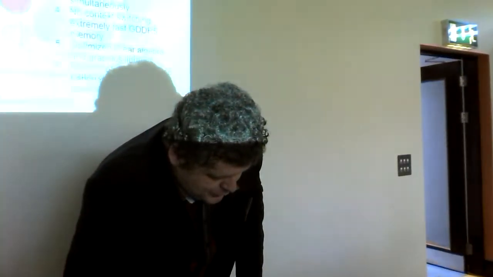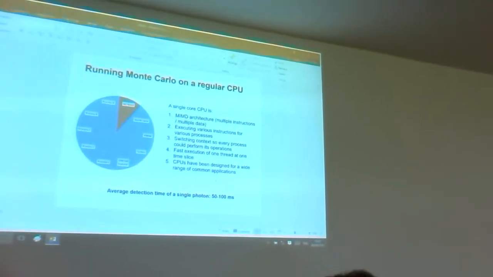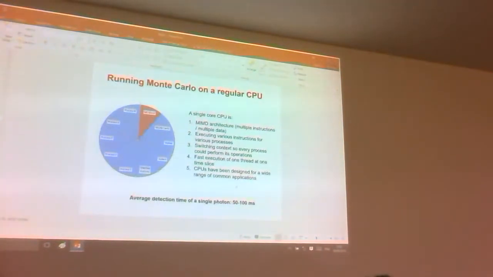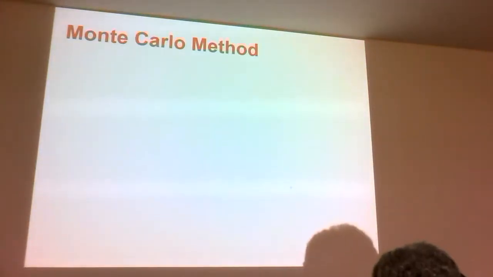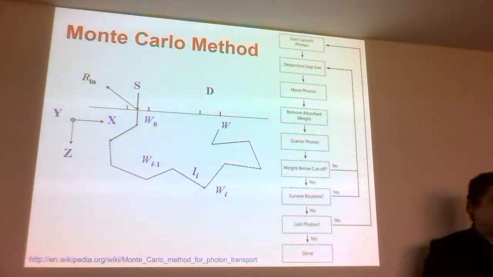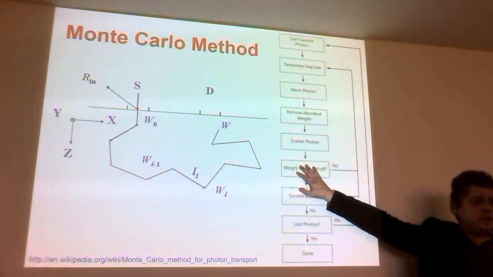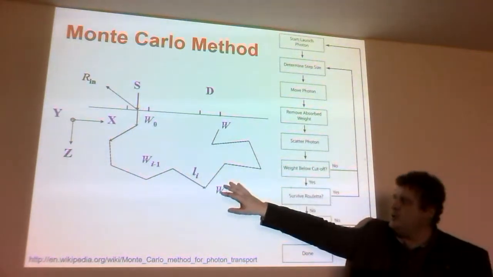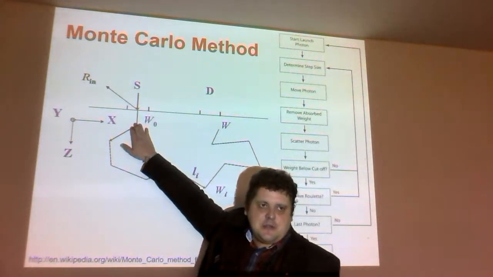Let me start again. The original approach was for energy distribution, so we do Monte Carlo when we want to imitate the results of an actual experiment, when we have a light source and a detector.